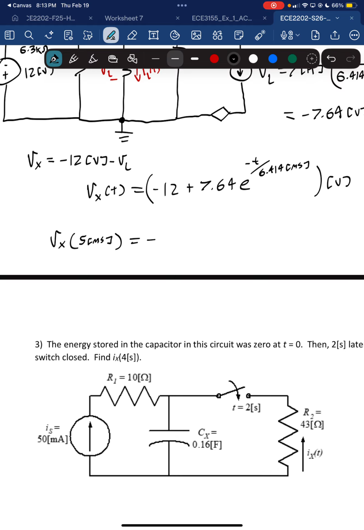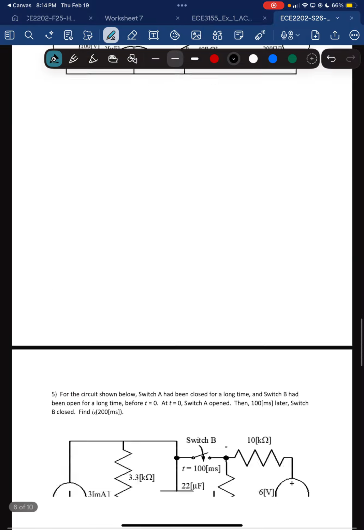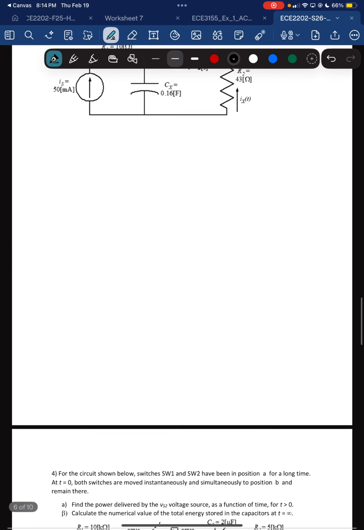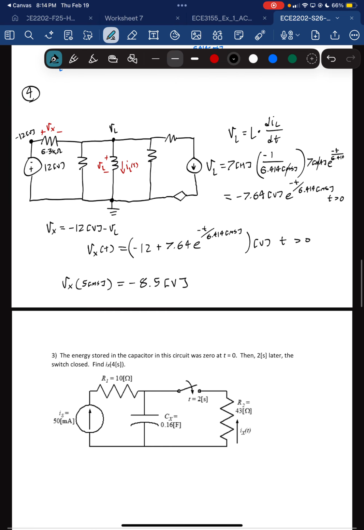Which gives us negative 8.5 volts. Which is correct. Wow. That's a nice number. And that is problem 2. It's actually not that nice. I just rounded it to make it nice. All right.